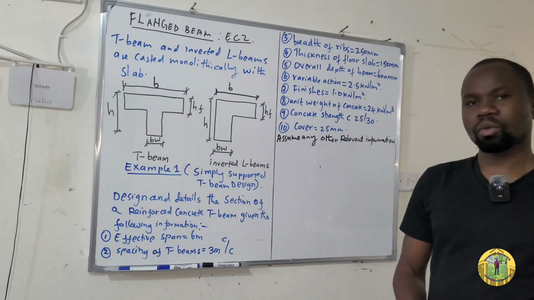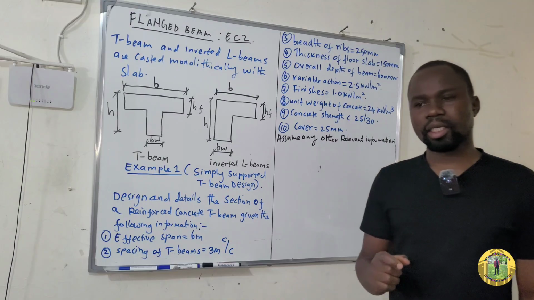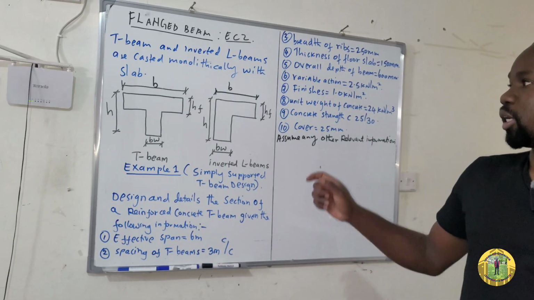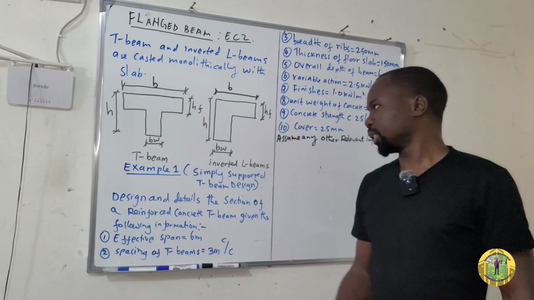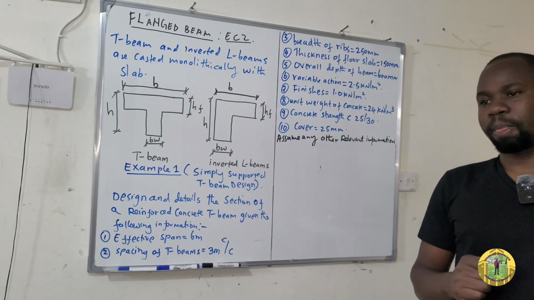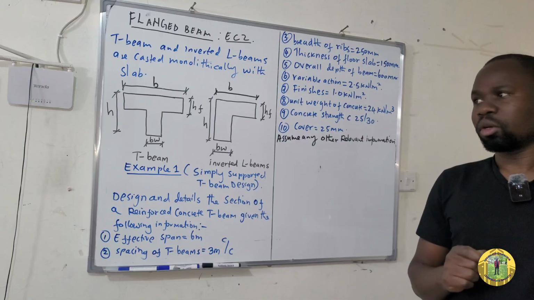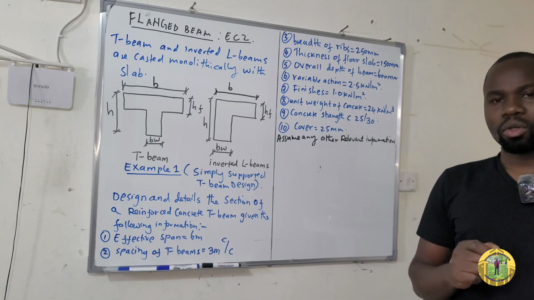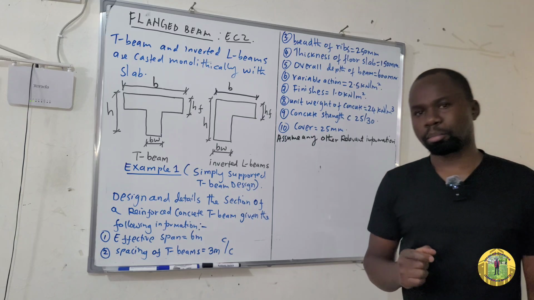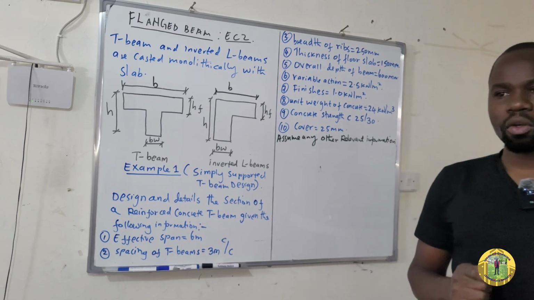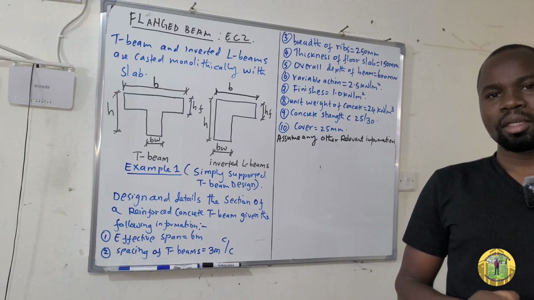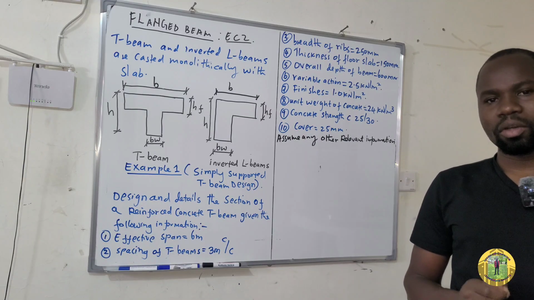And then you should know when you are supposed to design a rectangular beam and when you are supposed to design a flanged beam, which is a T or inverted L beam. For example, you only design a rectangular beam if that beam is a secondary beam and it is supporting only the self weight of the beam and the loading on that beam.